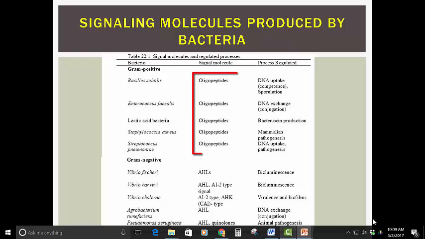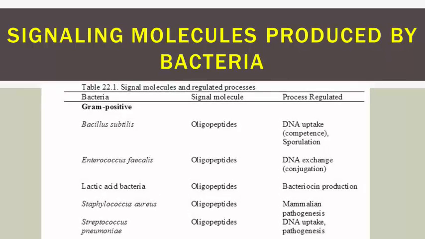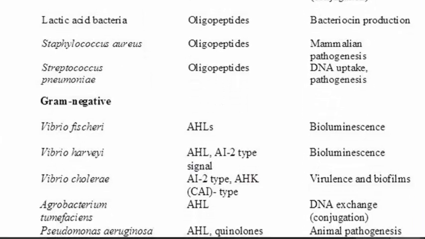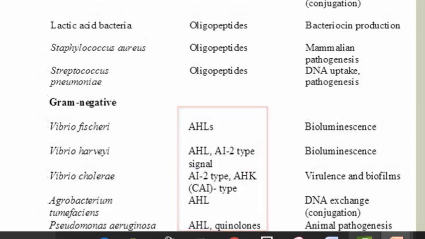Signaling molecules produced by bacteria encompass a wide range of chemical structures. Signaling molecules exist as oligopeptide pheromones or acyl homoserine lactone, cited in this table as AHL. In general, gram-positive bacteria such as Bacillus subtilis, Enterococcus faecalis, lactic acid bacteria, Staphylococcus aureus, and Streptococcus pneumoniae utilize oligopeptide pheromones as signaling molecules, while gram-negative bacteria such as Vibrio, Agrobacterium, and Pseudomonas species use acyl homoserine lactones.